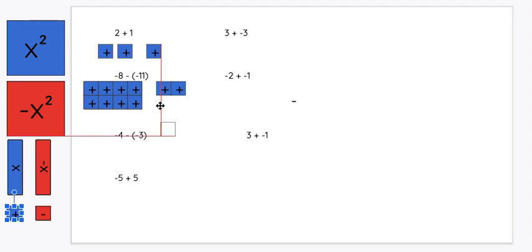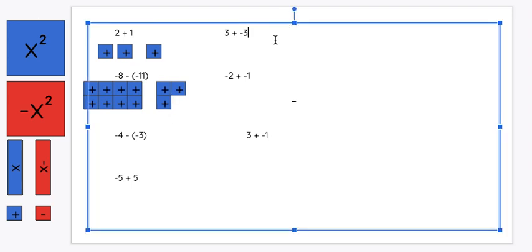So your answer would be positive 3 because your positive 3 is right here. These right here are all crossed out. They're all zeros. Okay, so then moving on, let's move over to this one here.